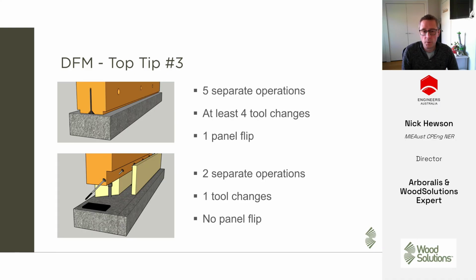There's a lot of different tools. So every time the machine has to change a tool to use a different cutting element, it becomes more costly. The detail at the bottom, far simpler, can be done with a simple router and a saw.